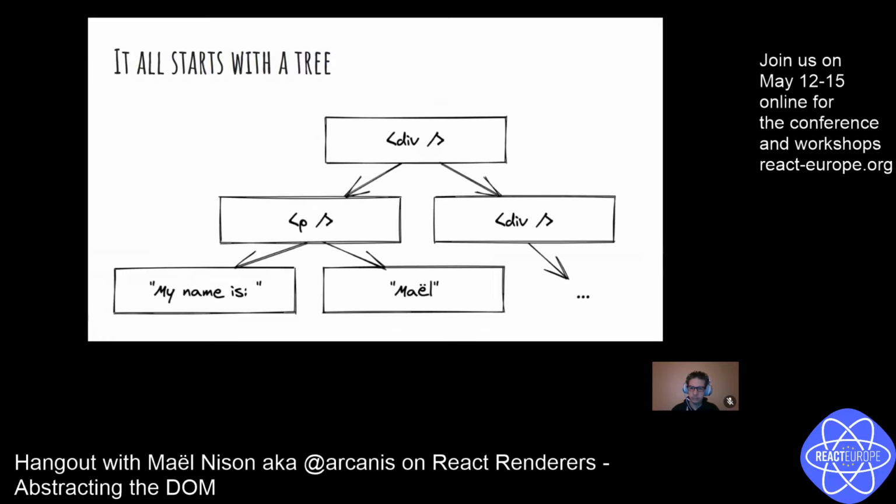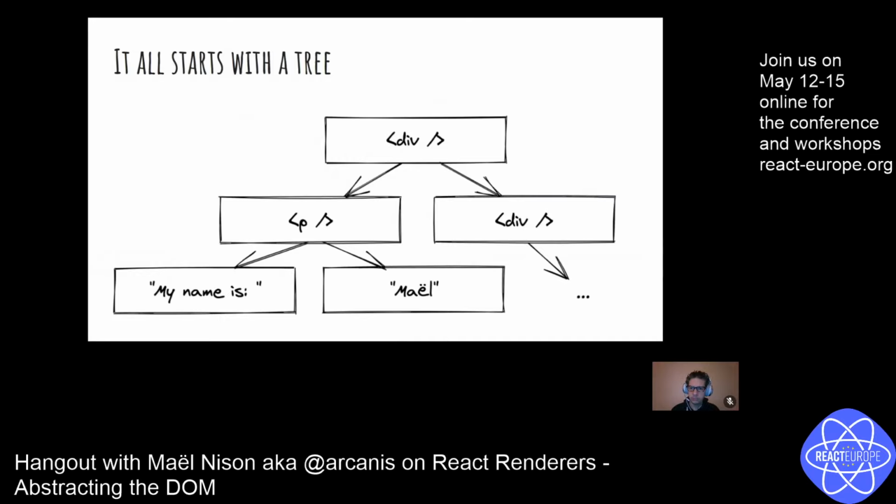The way it works is that it all starts with a tree. You create your component that returns a div that contains a paragraph and another div, and inside your paragraph you tell React that it contains two strings. One is "my name is", and the other is "Maël". All this is part of your component, and that's what you do when you just return a JSX literal.